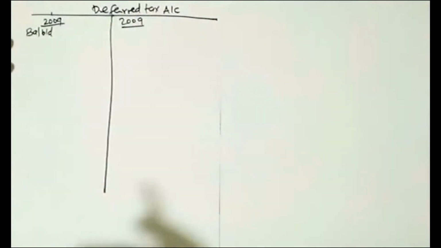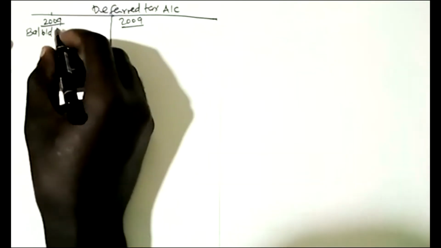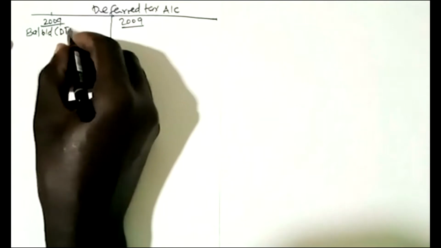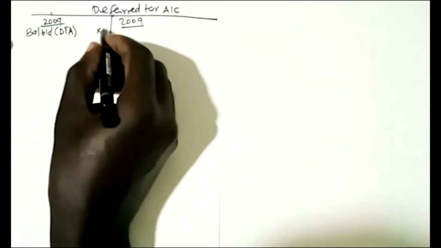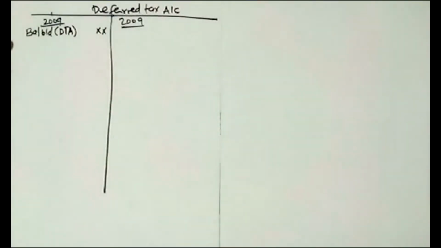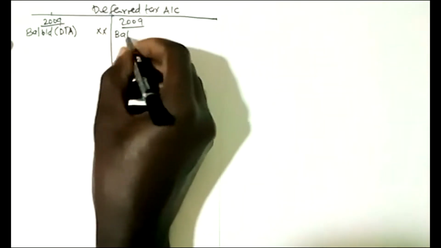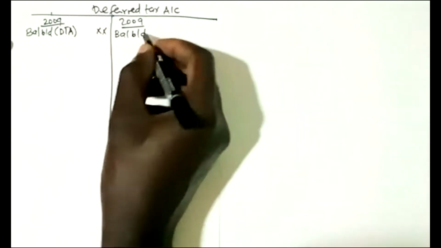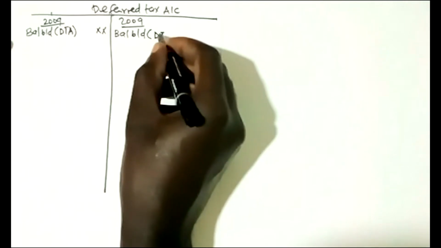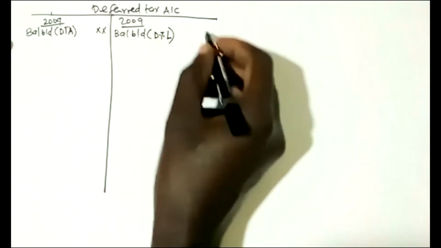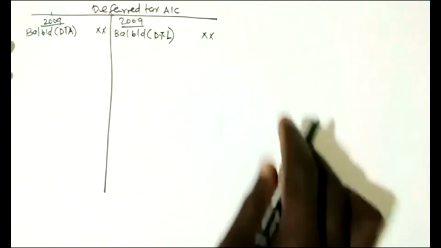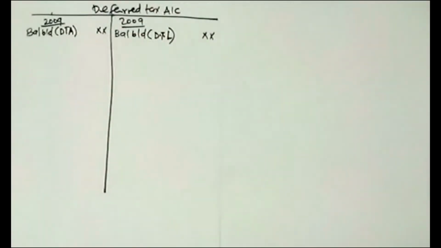If there could have been balances from 208, so if it could have been a deferred tax asset, DTA, it could have appeared there. At the same time, we can have a balance brought down on this side, if it was a deferred tax liability.